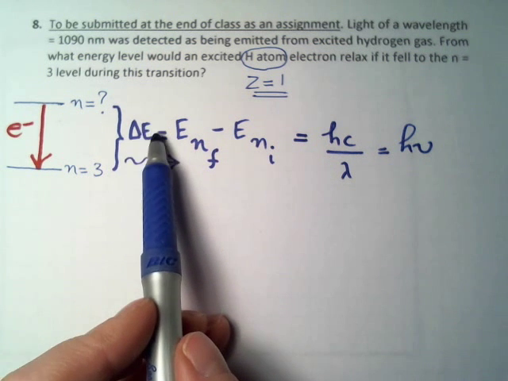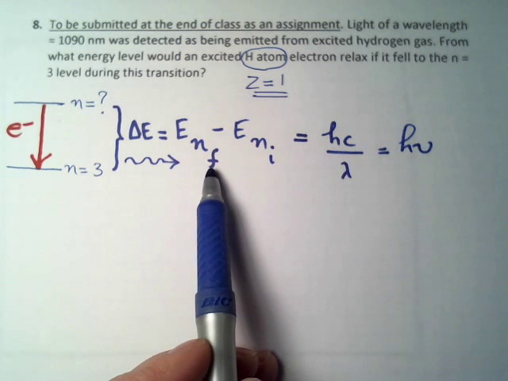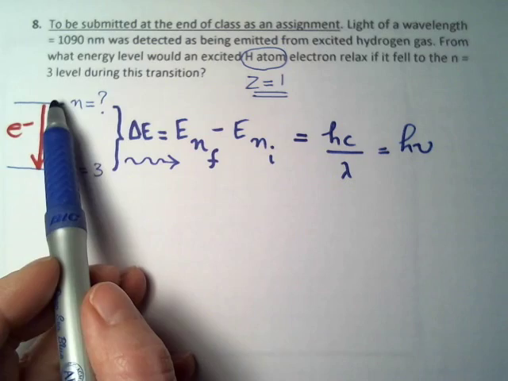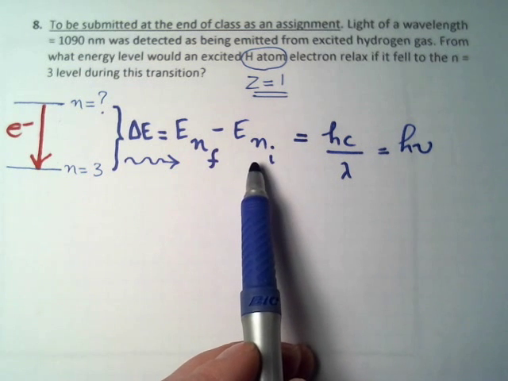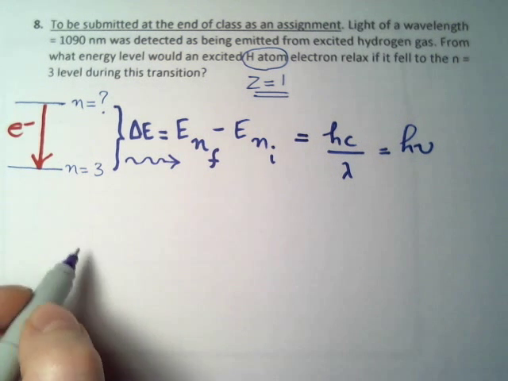So I will equate that energy to delta E, which comes from the difference between the final energy value and the initial energy value. My only unknown will be n, because that formula is composed of Z, which I know to be 1, and the constant R_H. Okay, so let's do this.